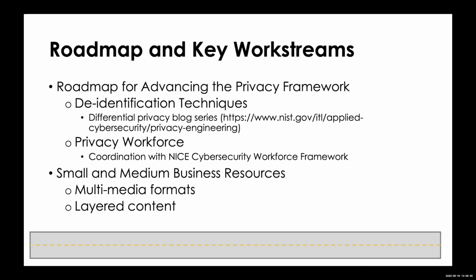This series is designed to help business process owners and privacy program personnel understand basic concepts about differential privacy and applicable use cases, and to help privacy engineers and IT professionals implement the tools. So our longer term goal is to transform this series into more in-depth guidelines on differential privacy. We just released a blog post, number 2 in the series, which is on threat models. So we hope that you will go check it out on our website.